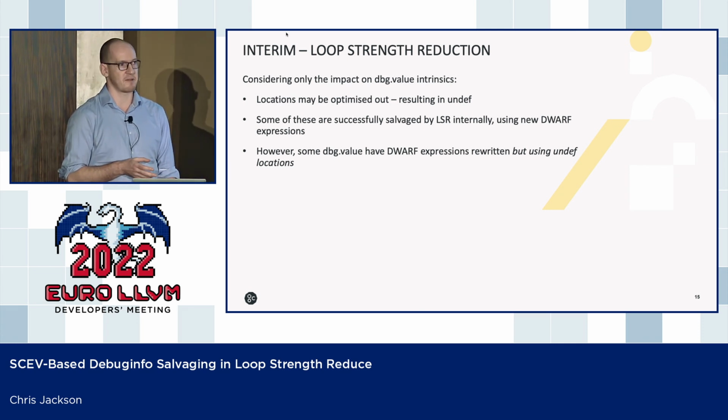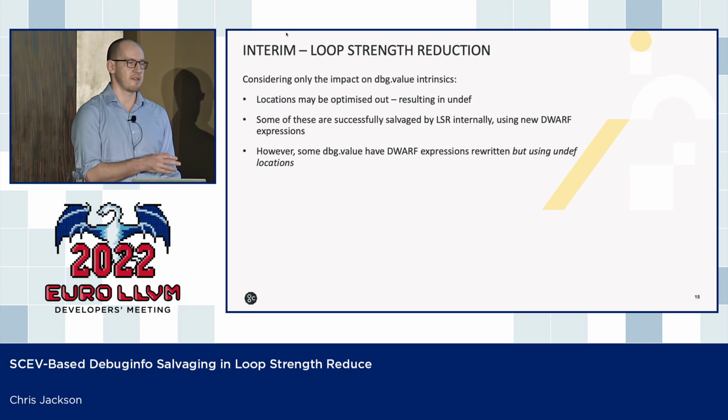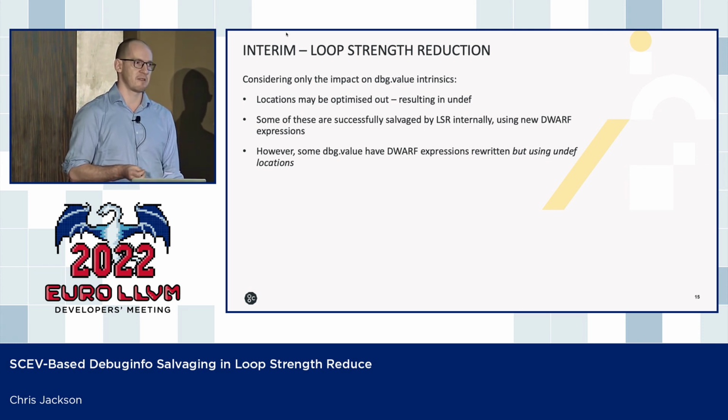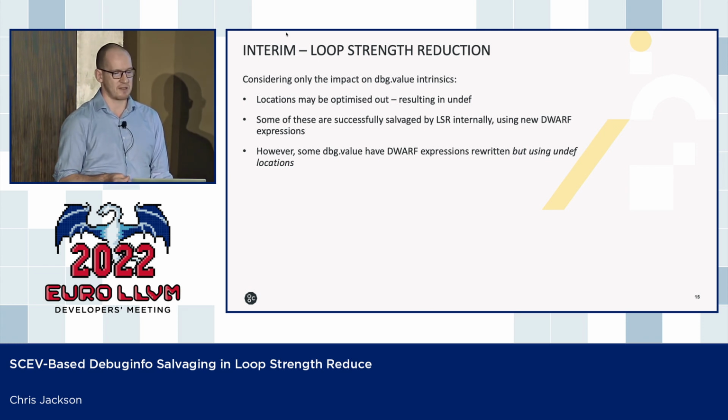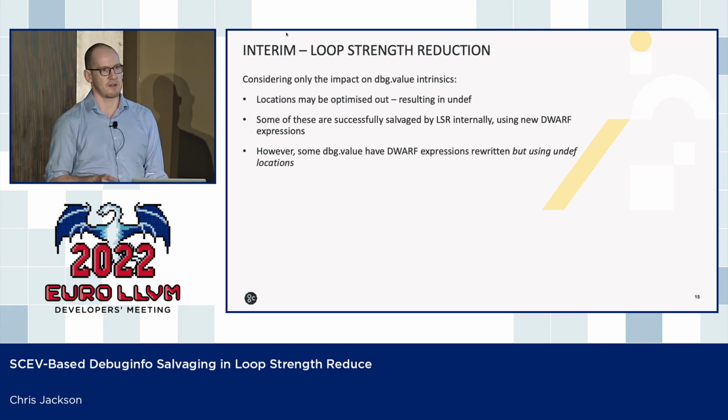However, for some debug.value, the DWARF expression is rewritten, but also some of their locations become undef. So we have intrinsics where debuginfo is lost, but the intrinsic has been modified by LSR. So we're in an unknown state. It may not be possible to know exactly what LSR was trying to do in terms of salvaging operations.